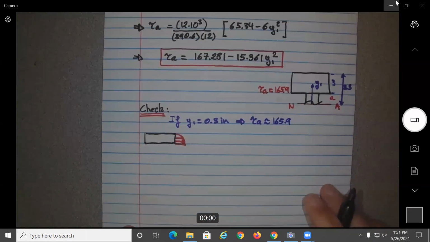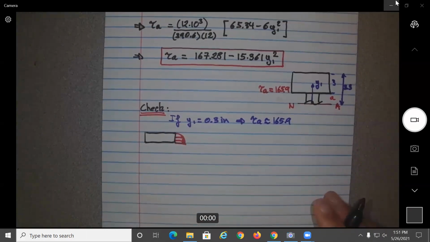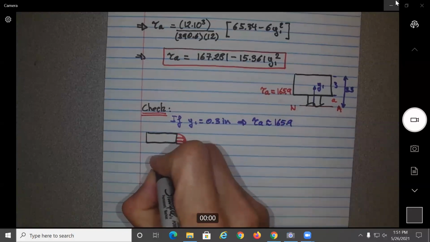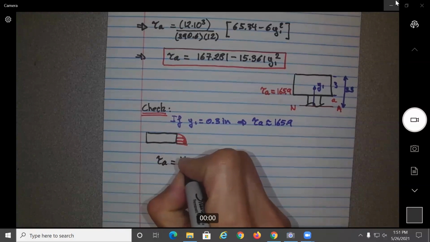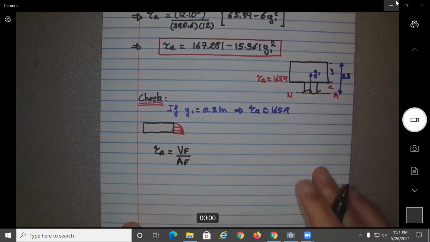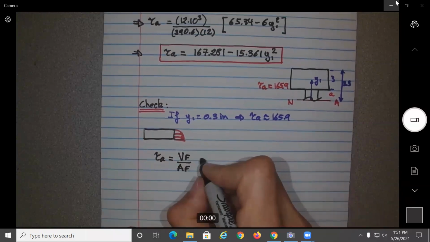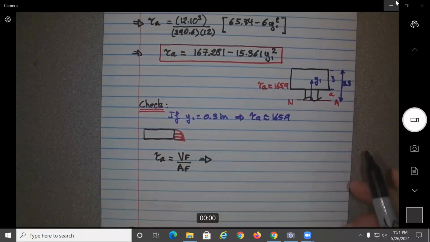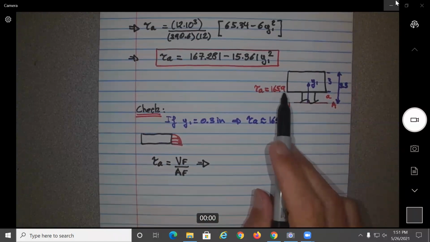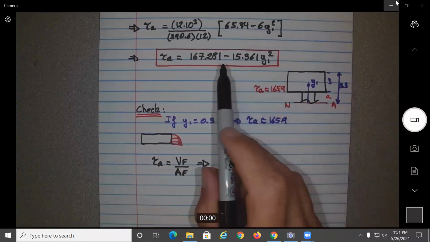So what does that imply? That we can say that tau sub A will be equal to V flange over A flange. But this time, instead of taking the result of 165.9 as the value, we're going to take the whole expression.